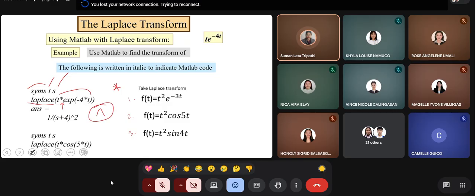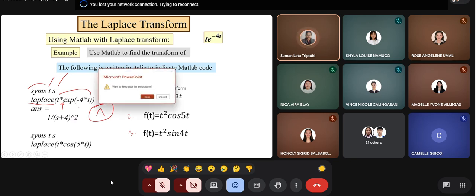So what we did: simply use the keyword syms, t to s meaning time domain to frequency domain, and then laplace of whatever function you want. So let's have a quick practice of it, and then we'll do the reverse of it.